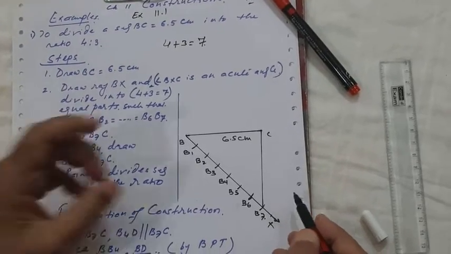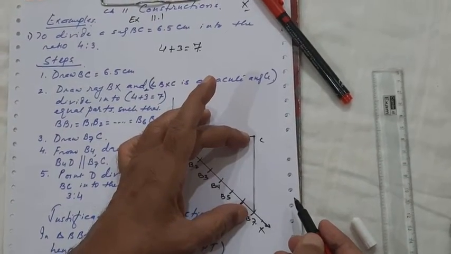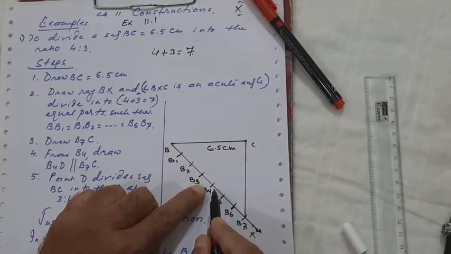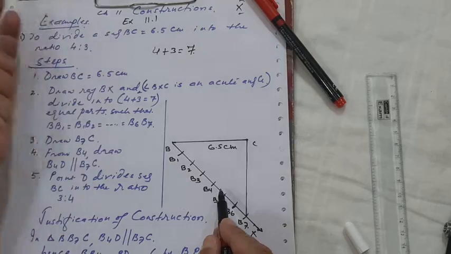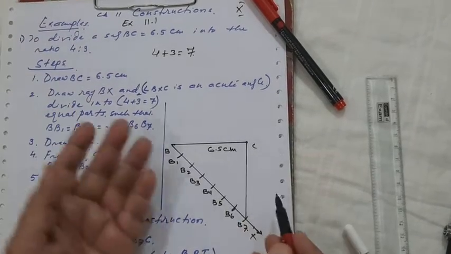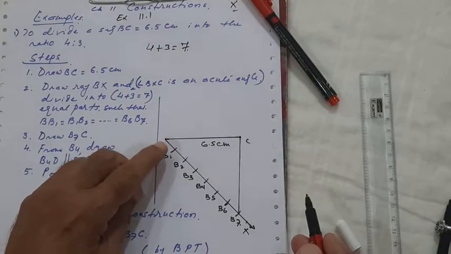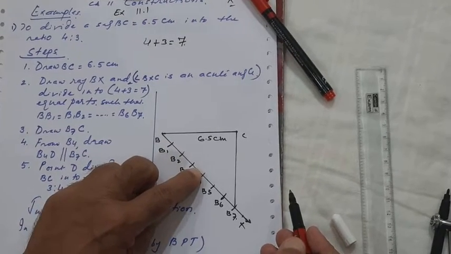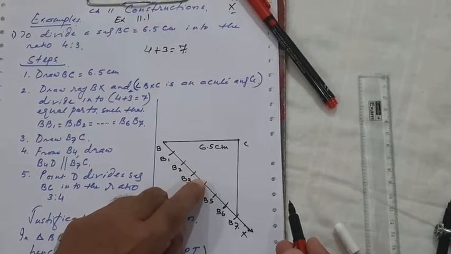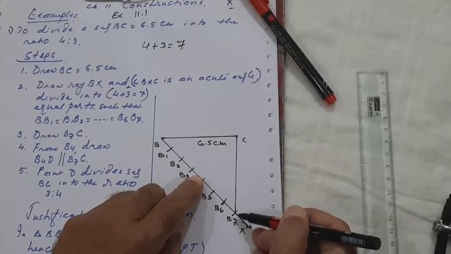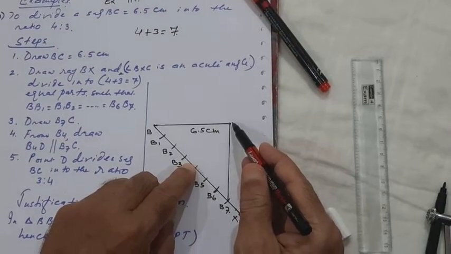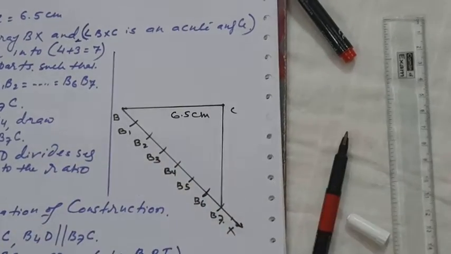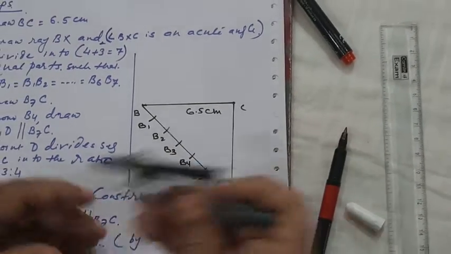We are going to draw the parallel line from B4. There are 4 parts we have to take up and 3 parts down. So B1, B2, B3, B4. From B4 we have to draw one parallel line to B7C. So we have to use the congruent angles property.